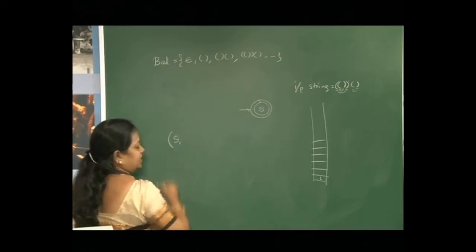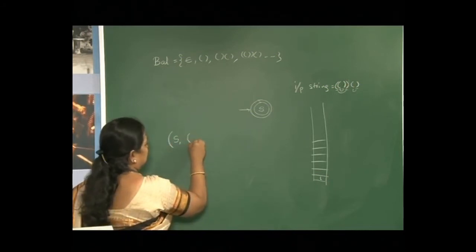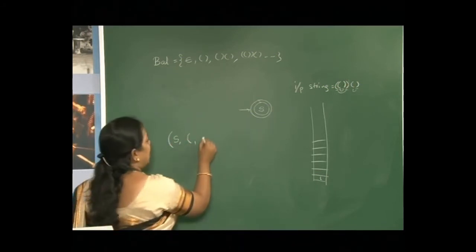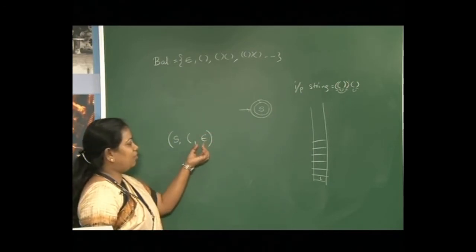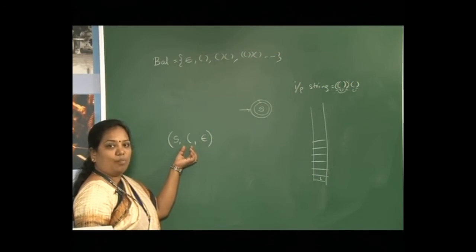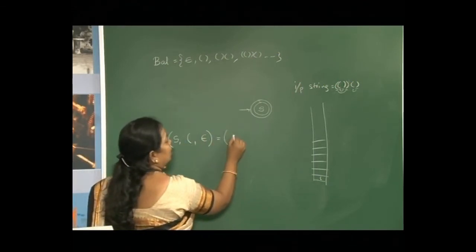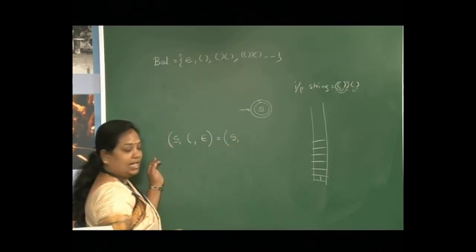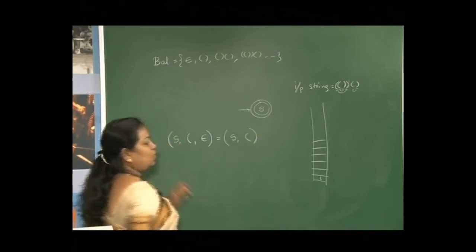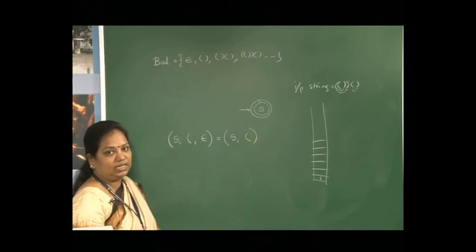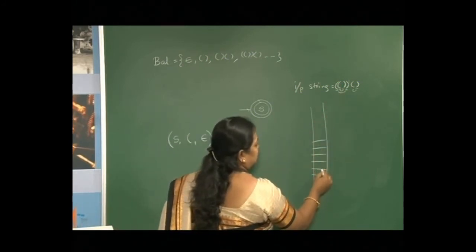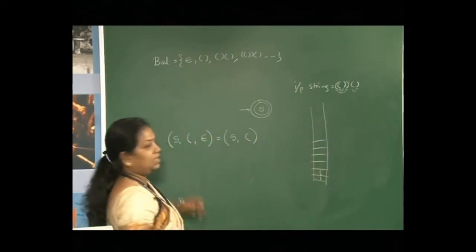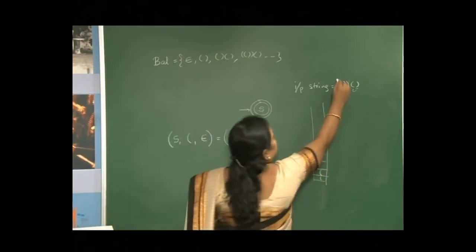I am at state S, I come across an opening parenthesis and I do not check the top of the stack. Irrespective of the top of the stack, if I come across an opening parenthesis, then stay in the same state and push the opening parenthesis into the stack. Again, for one more opening parenthesis, I push it by applying this rule. So these two are over.